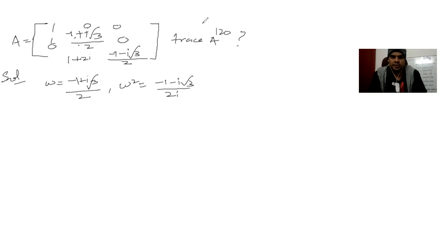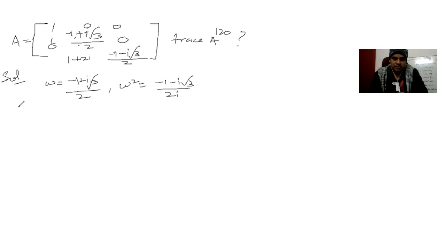What we have to do here is find the trace. Trace means the sum of diagonal elements, and it is also equal to the sum of eigenvalues. We all know that the sum of eigenvalues is equal to the trace of the matrix. So here we are talking about the sum of eigenvalues of A power 120.